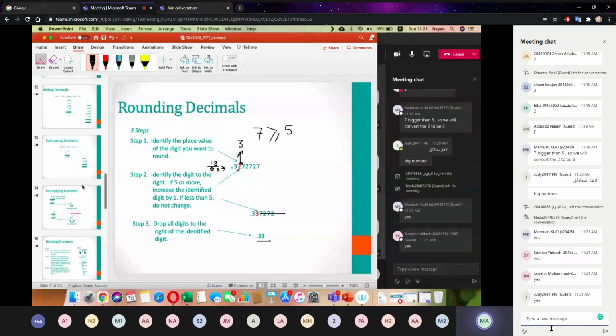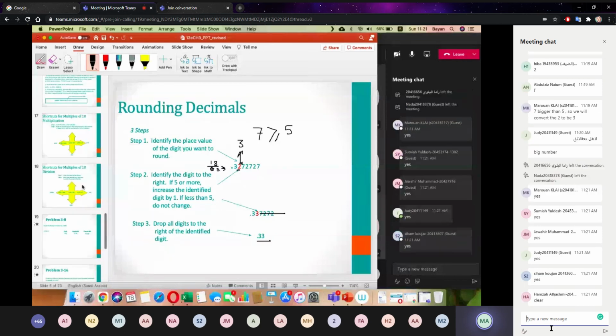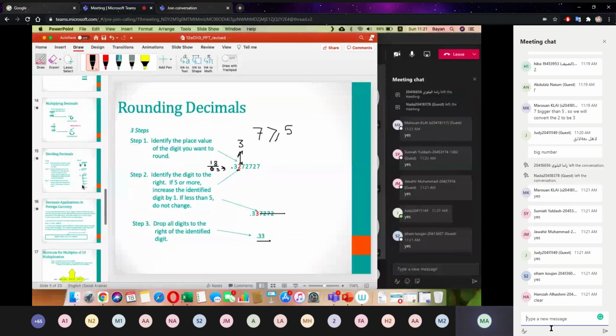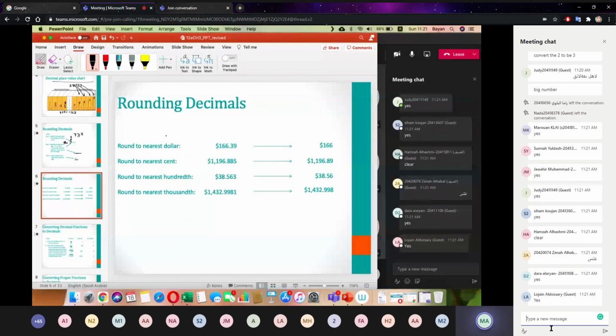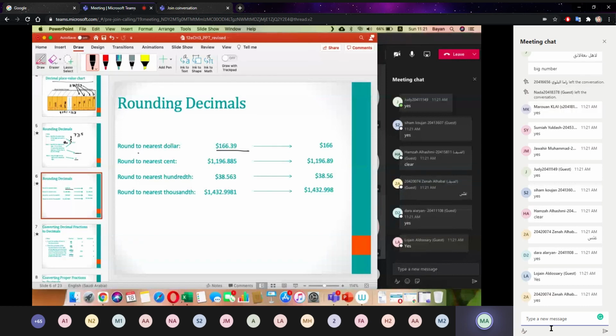Is that clear, everyone? Yes, okay. Here we have rounding decimals. Here we have 166.39. Round to the nearest dollar. Where is dollar here?